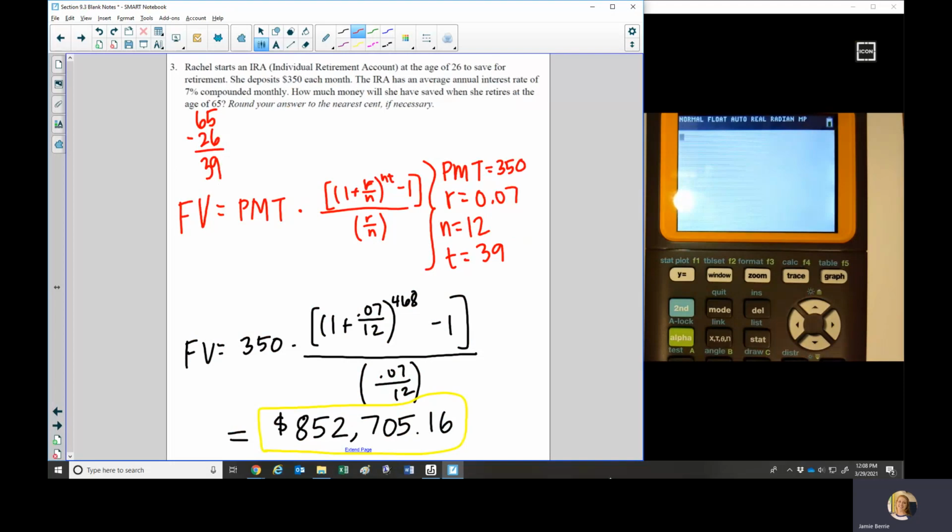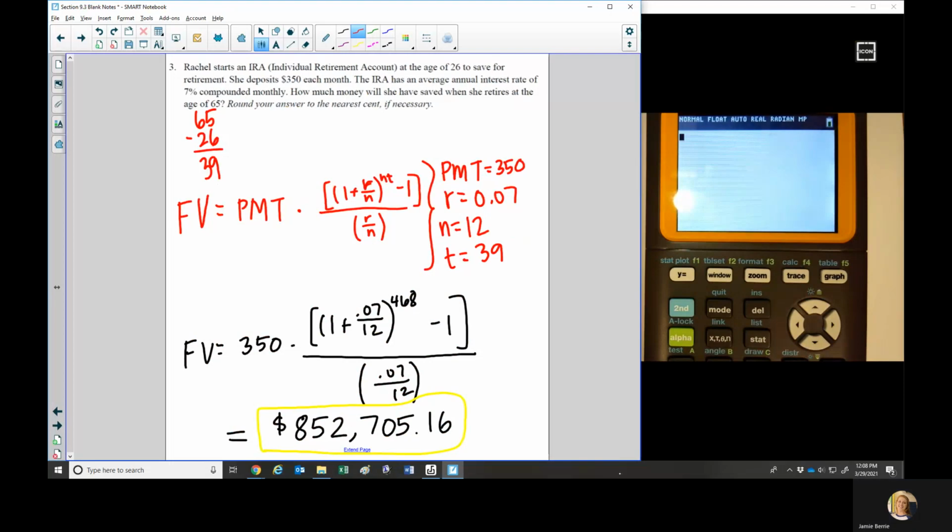Let me see if I can get my pen to show up. Okay, here we are. I'm plugging in right here. 350 times, I have to put big parentheses around the top here. So parentheses 1 plus 0.07 over 12. Whoops, 12.